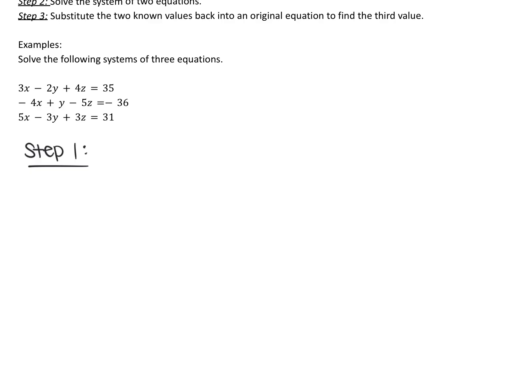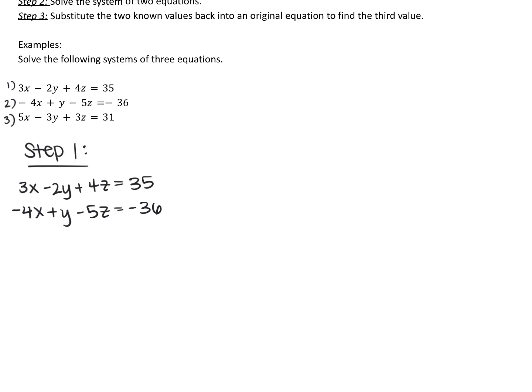If I go ahead and number my equations 1, 2, and 3, I notice that in equation 2 I have a 1y. So I'm going to use that equation to eliminate y using equations 1 and 2 and then equations 1 and 3. The first thing I'm going to do is use equations 1 and 2. So we have 3x minus 2y plus 4z equals 35, and negative 4x plus y minus 5z equals negative 36.